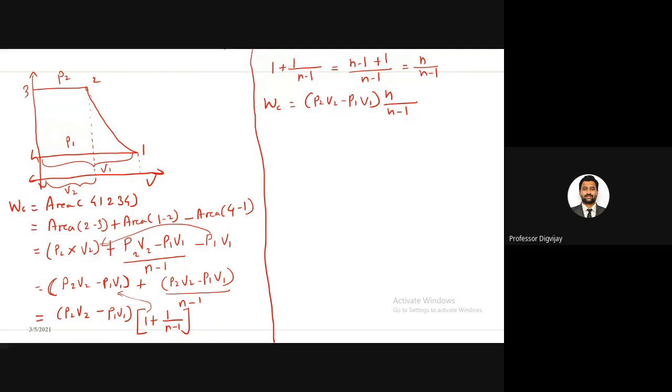So this you can further modify that compression work is equal to n divided by n minus 1.